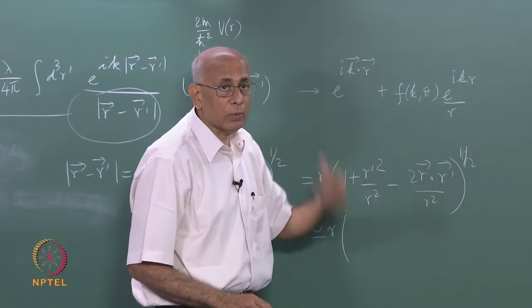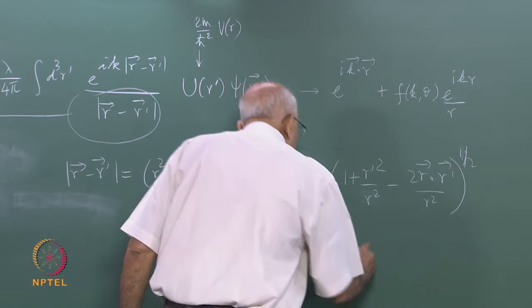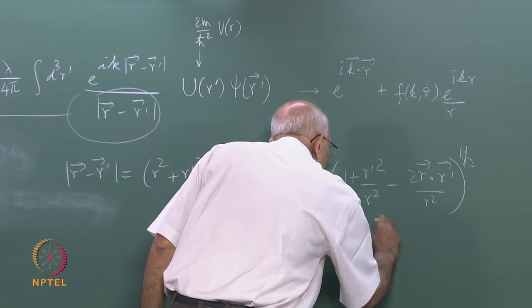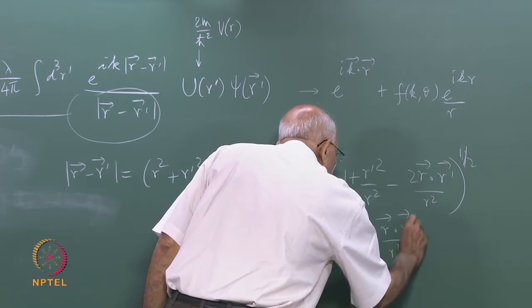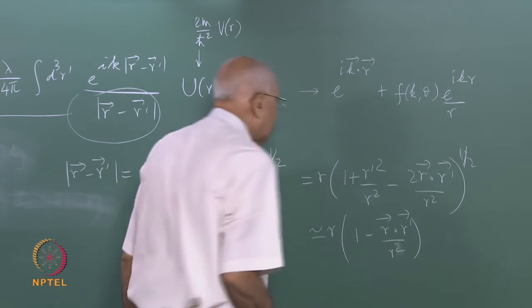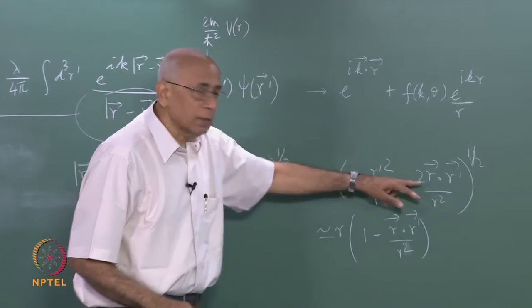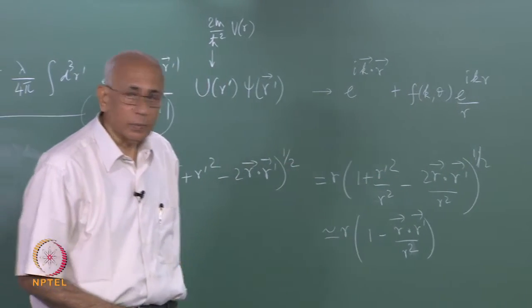So the whole thing goes like 1 over r, and that is equal to 1 minus r dot r prime over r squared. The half cancels against the 2 here, and that is it, the leading term.